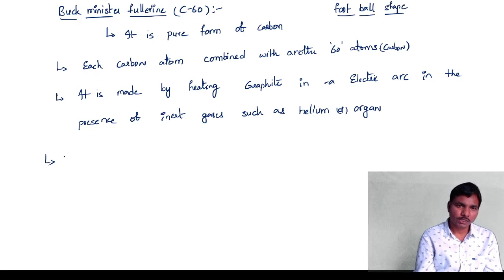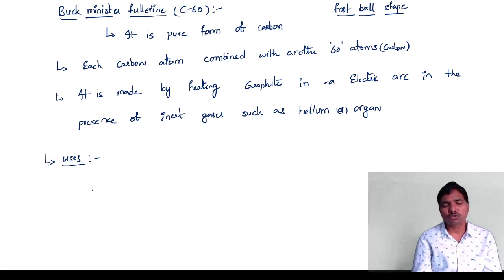And where you are using this Buckminster fullerene, it is used in microscopic ball bearings. It is ball nature, football shape, rounded shape, so it can reduce the friction. It is used to reduce the friction.